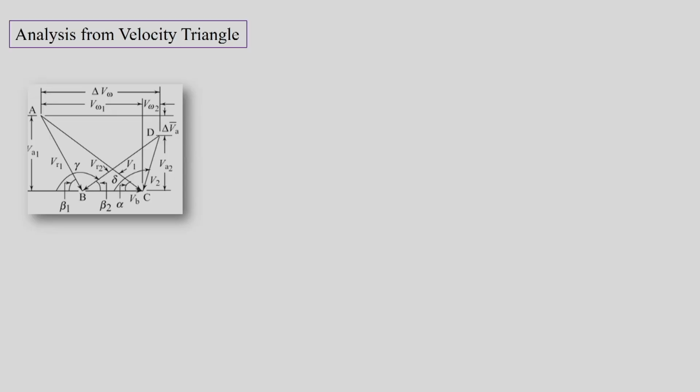So we will derive an expression for the efficiency of the blades. That is called blading efficiency. Let us derive the expression for blading efficiency, which is also called diagram efficiency. How do we find diagram efficiency, or what is the definition?